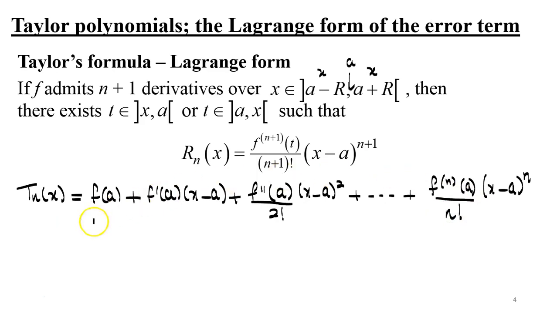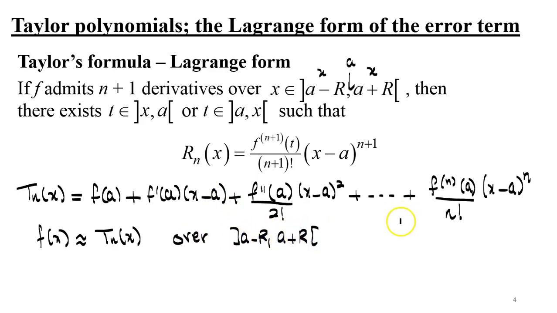Now over here, we consider the function f of x, which we aim to approximate by the Taylor polynomial of order n over the interval of convergence, which is a minus r, a plus r. So what is really happening here?